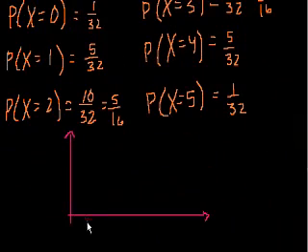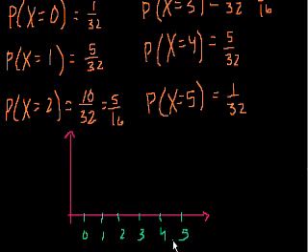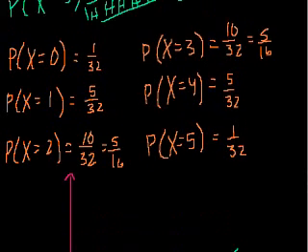Alright, so the probability that it takes on, let me just draw it, 0, 1, 2, 3, 4, and 5. And this is for our random variable x, so this is the number of heads in 5 trials. Let me draw the high points first.